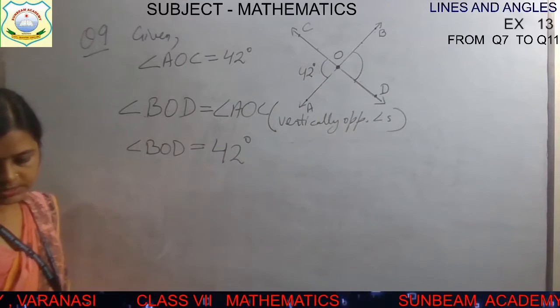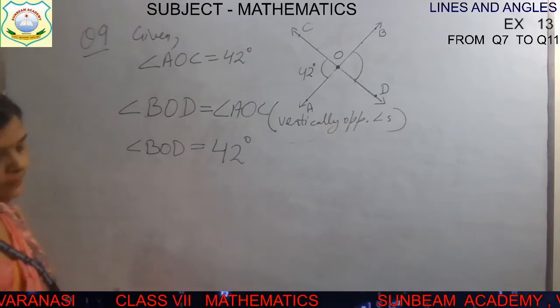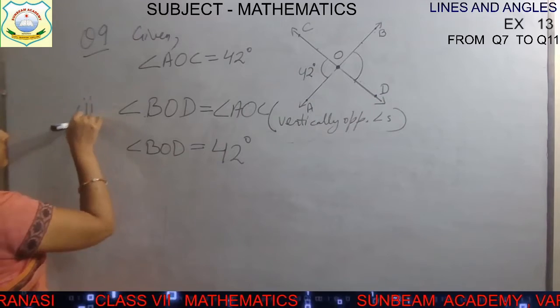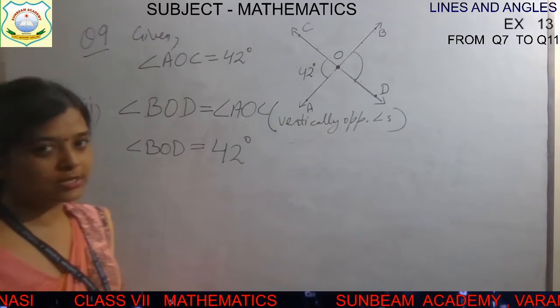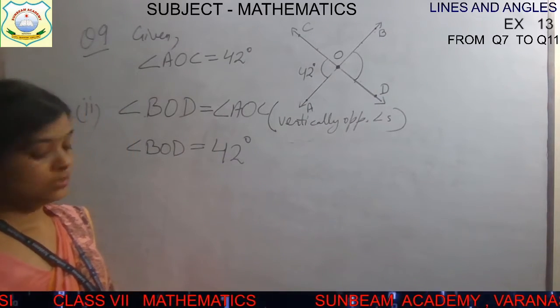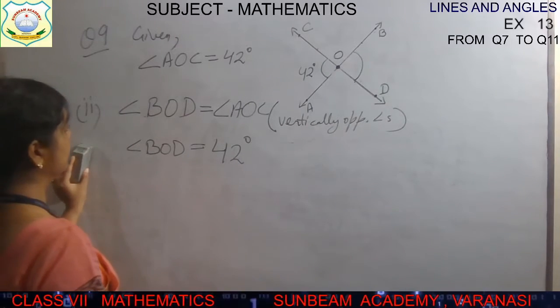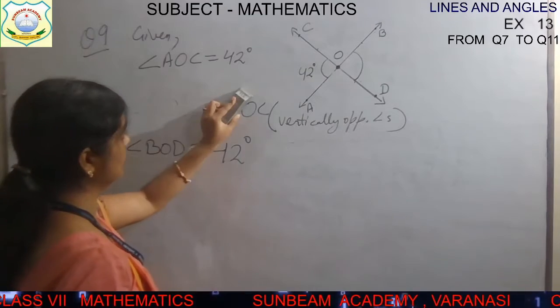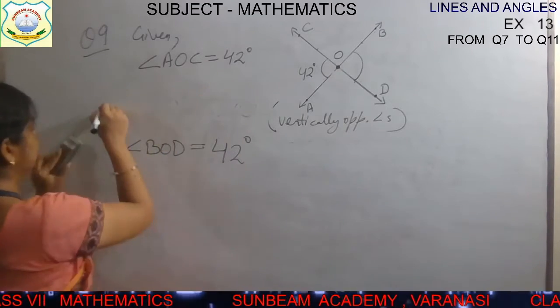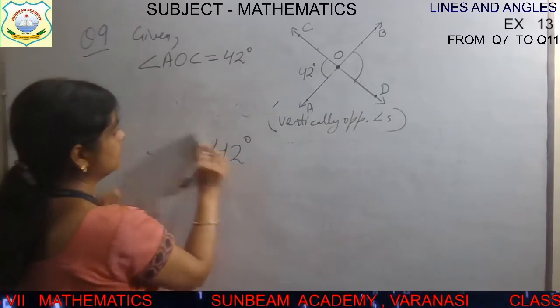Now we have found one solution. This is the second part, children. After solving the first part, you solve it. Now see the first part, AOD. May I erase it? I have to write the first part in the beginning.